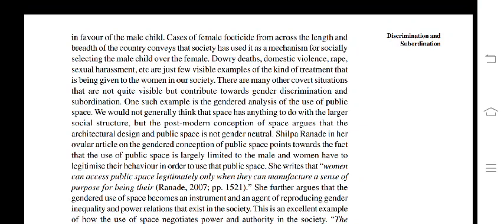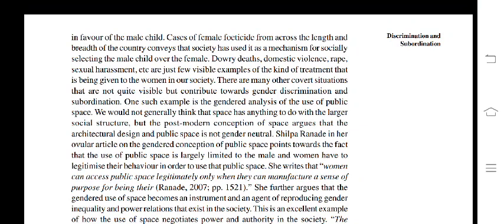Shilpa Ranade, in her seminal article on the gendered conception of public space, points towards the fact that the use of public space is largely limited to the male, and women have to legitimize their behavior in order to use that public space. She writes that women can access public space legitimately only when they can manufacture a sense of purpose for being there.